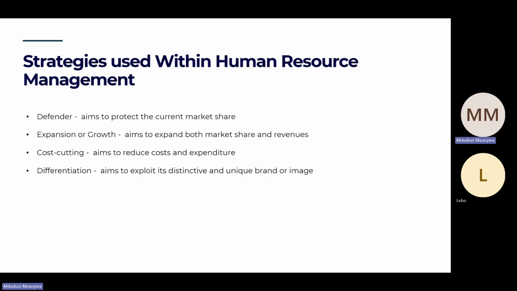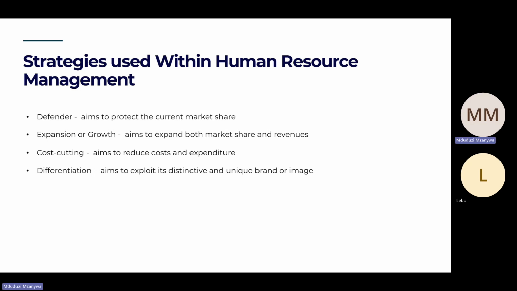one thing about human resources management is that it does not exist within a vacuum, meaning it's not just in the air. It actually exists within a particular environment. And that environment would be not the external, but within the organization. The organization would have a vision, it would have a mission, it would have different objectives.